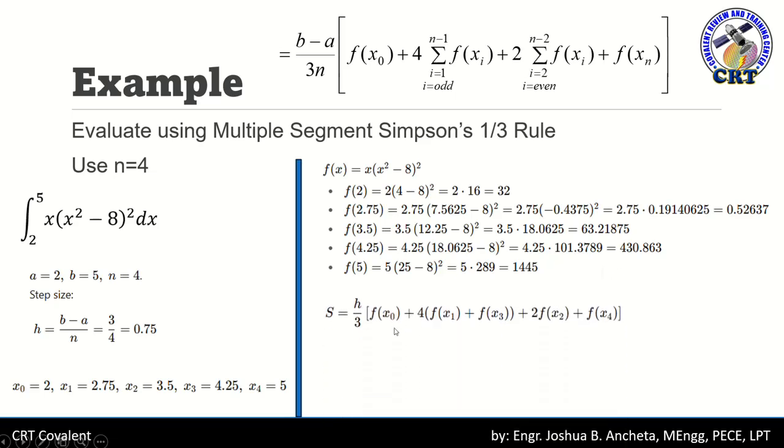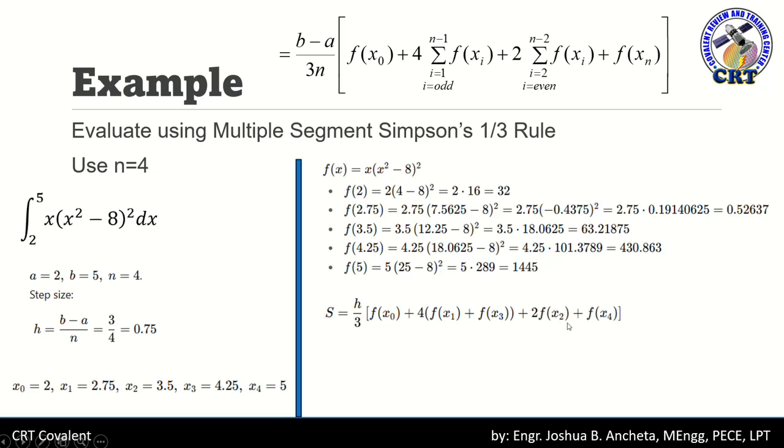For the substitution, h over 3 times the quantity, function of x0, plus 4 times the function of odd x. For the odd x, we have x1 and x3, plus 2 times the function of even x. In this case, we only have x2 as even x.